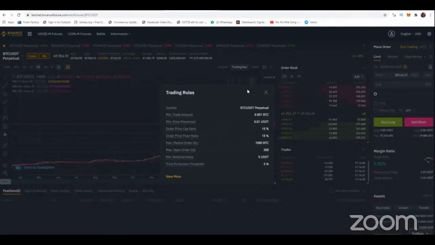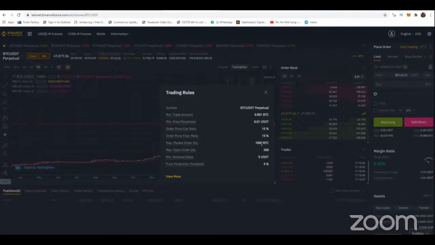So these are just the features or a guide of what the Binance futures contract is. You can see that the maximum market order is 1000 BTC. So it means that at any particular point in time, you cannot trade more than 1000 BTC.